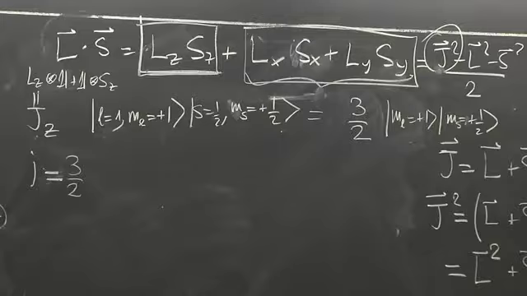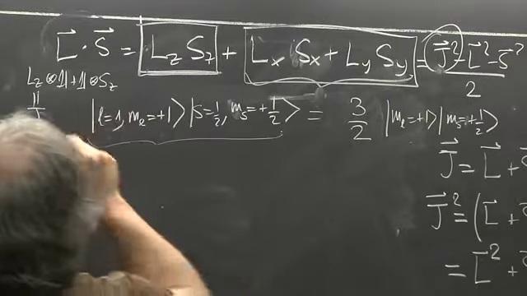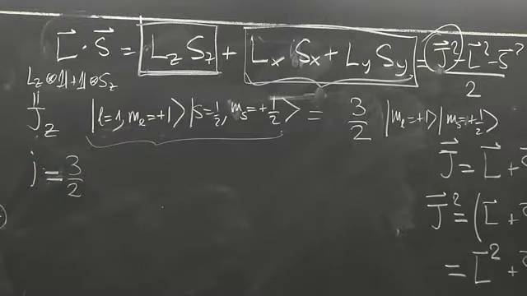So what I want to prove to you now is that this is indeed not only an eigenstate of JZ, but is also an eigenstate of J square, which is never a trivial fact. JZ is always simple. J square is complicated in general.